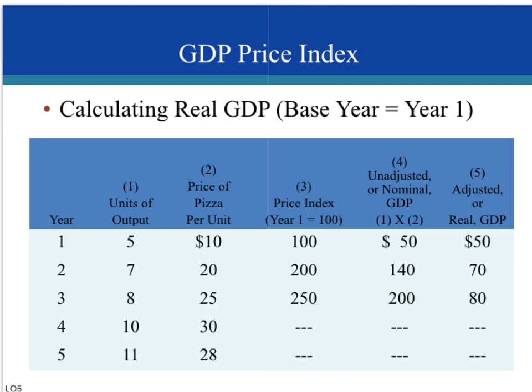It's going to be 8 pizzas times $10 a pizza. Remember, we're using base year price of $10 for real GDP. So what we would have here is 200.